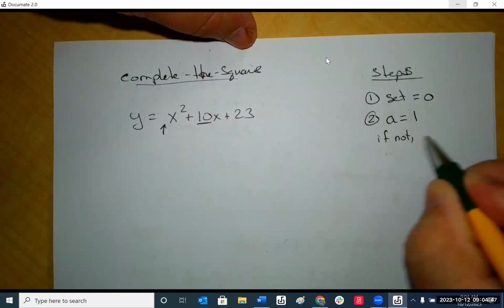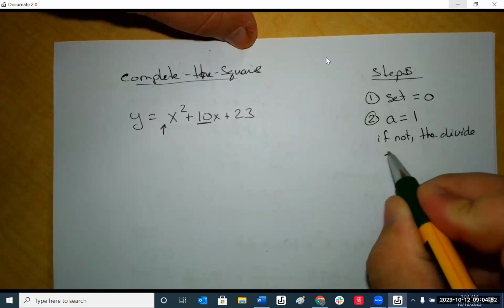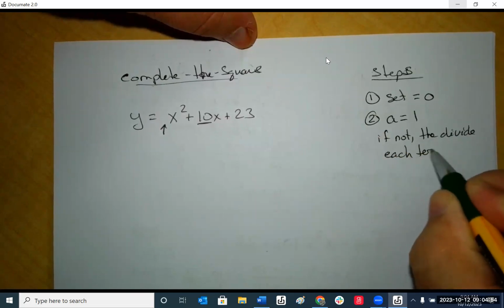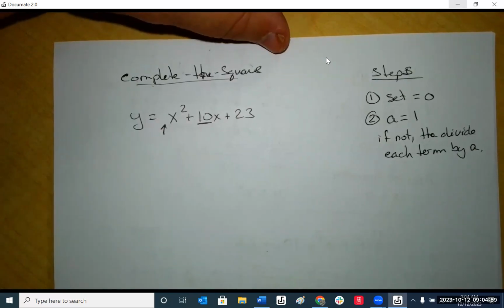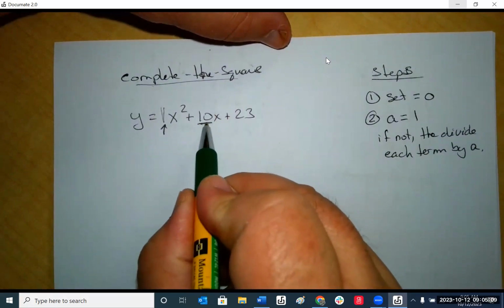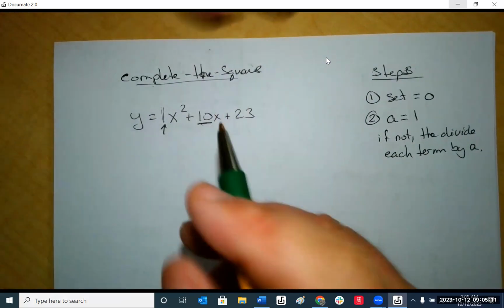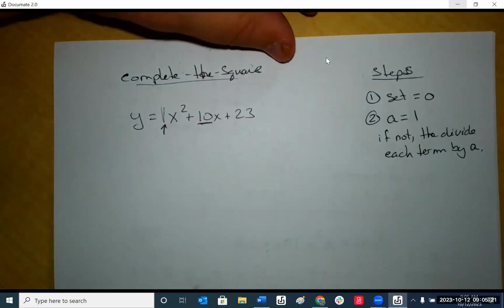If not, then divide each term by A. Now, when your leading coefficient is 1, if you have an even integer in the middle, then it's much easier. Because if you don't, then you'll have fractions and it'll make it much more painful at the end. But it'll work both ways. It's just that it'll save you some time if it's an even integer.